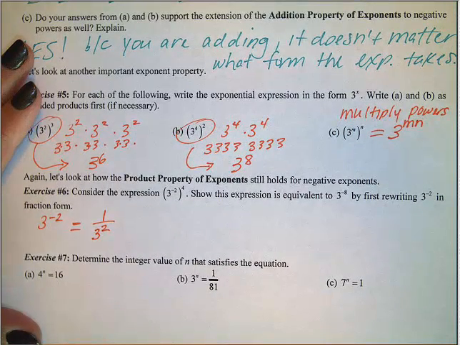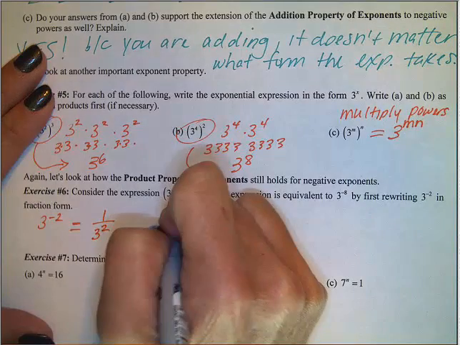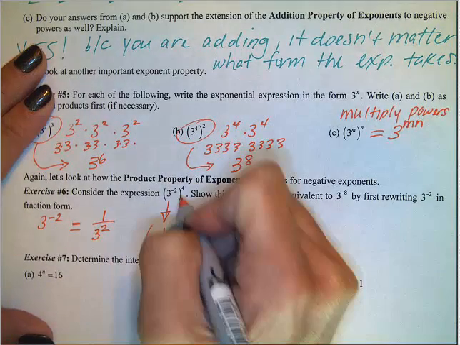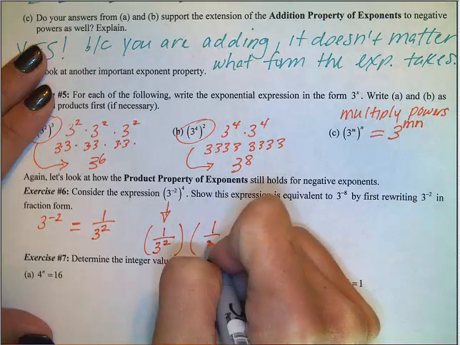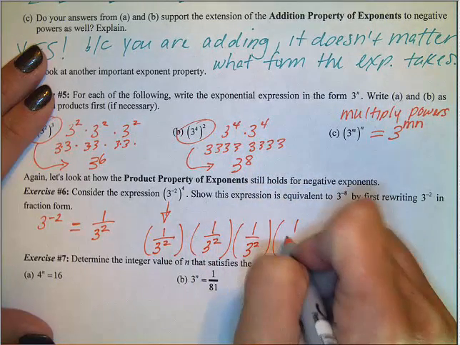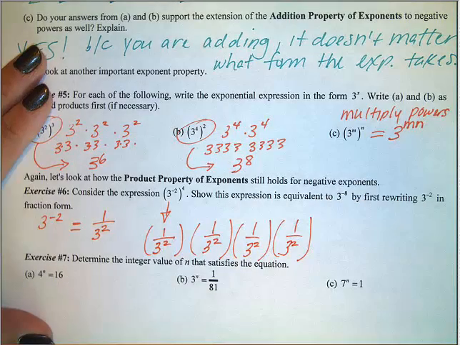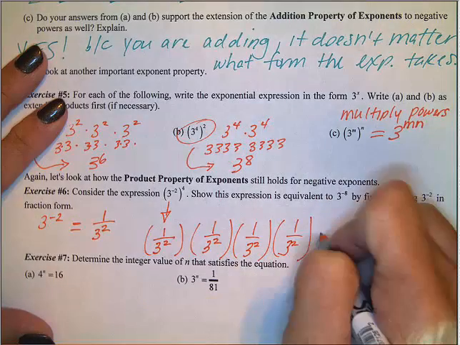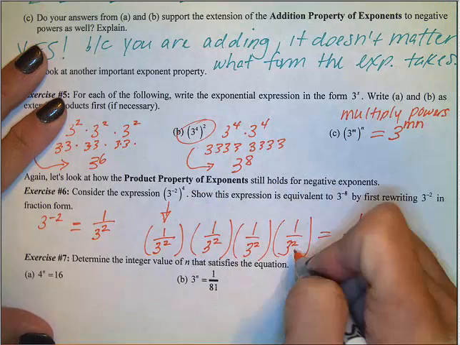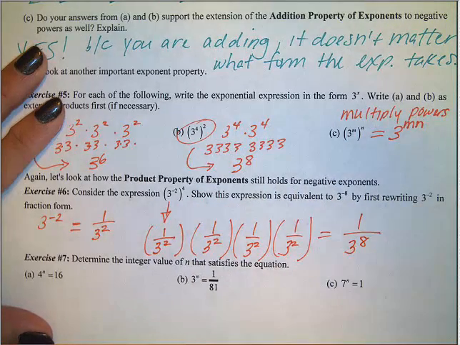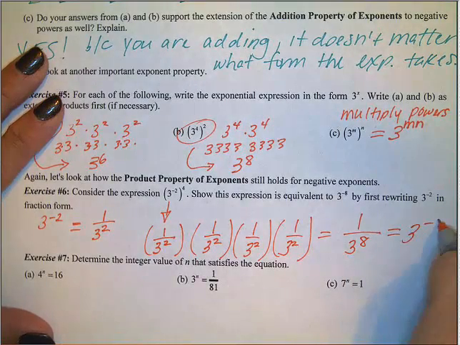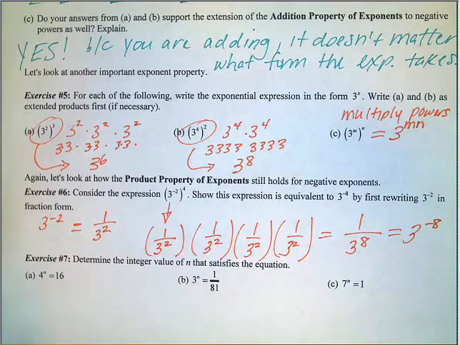So, if I have this as 1 over 3 to the 2 4 times, that means I have 1 over 2 of them, 2 of them, 2 of them, and 2 of them. 3 to the 8th. Well, if that's on the bottom, doesn't that equal 3 to the negative 8 on top?